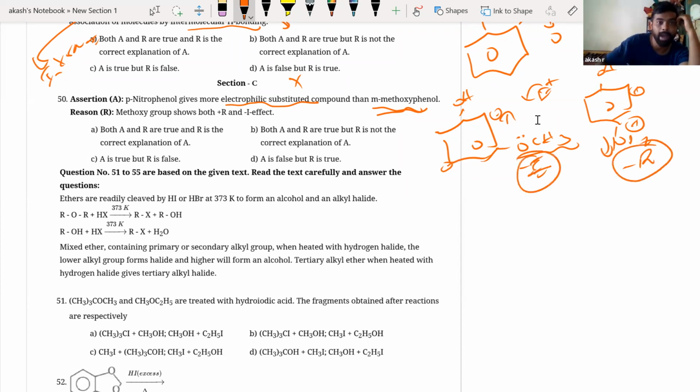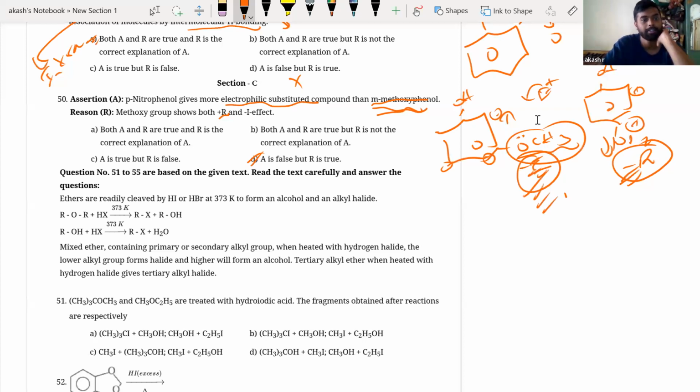So para nitrophenol is going to be less reactive for electrophilic substitution compared to metamethoxyphenol. A itself is wrong. You can blindly say A is false, R is true. Methoxy shows minus R if it is in ortho or para position, but in this case it is in meta. That is why it is showing only minus I. So this is true.